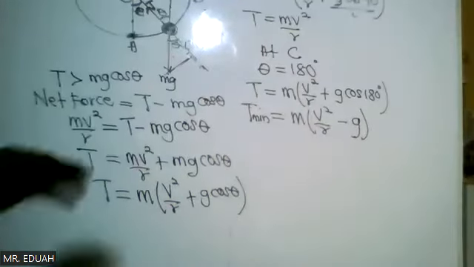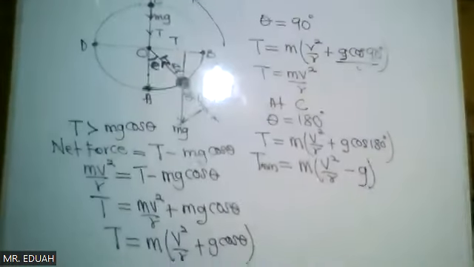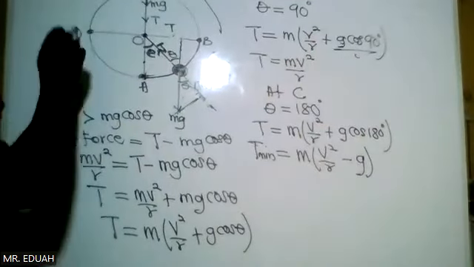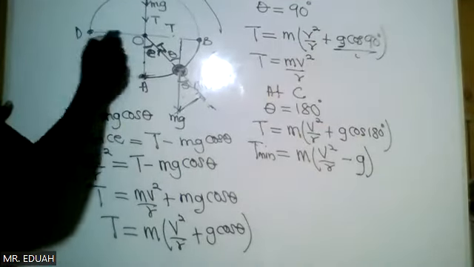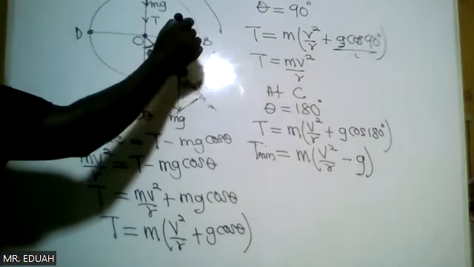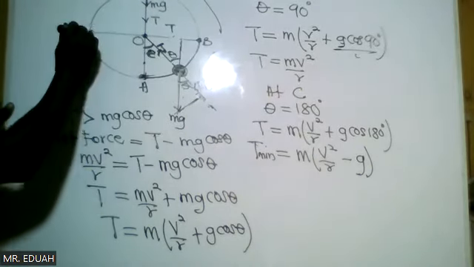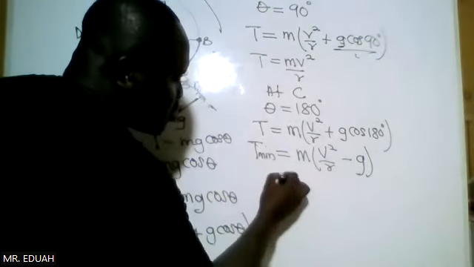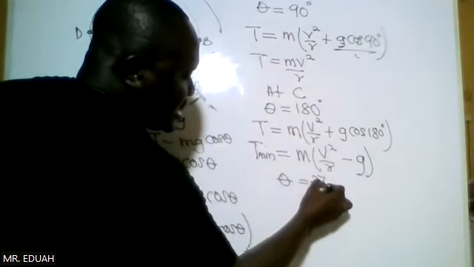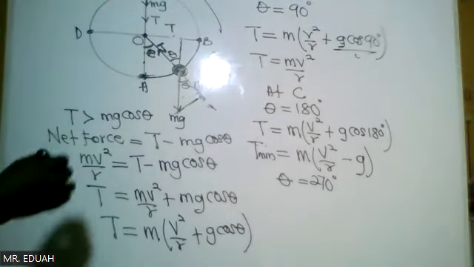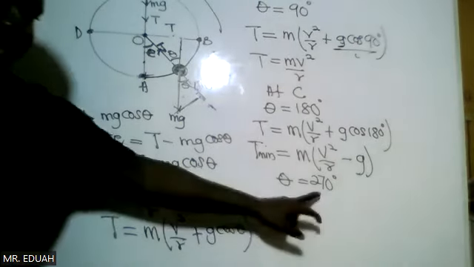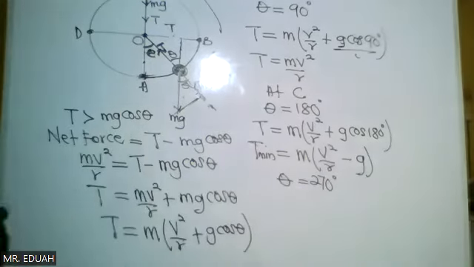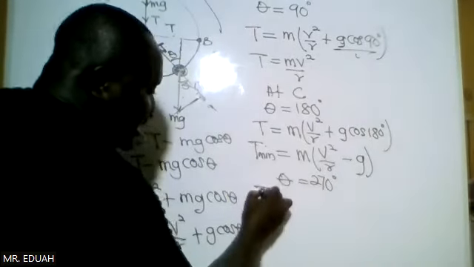When the body is at D, because it's at the same level as B, the tension here will be the same as the tension here. Okay, now when it is at D, theta is equal to 270. Put 270 degrees into the equation. Let's see what you get for the tension.